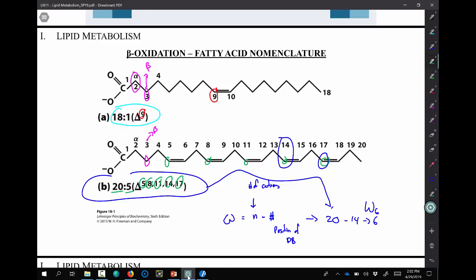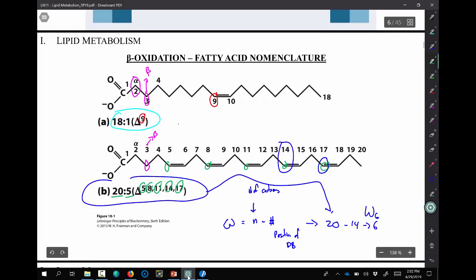So we went over that and had also introduced the idea of beta oxidation. The most important aspect of this slide, as we go into this next portion, is that the third carbon is going to be called our beta carbon. The pathway that we're about to go over is called beta oxidation.